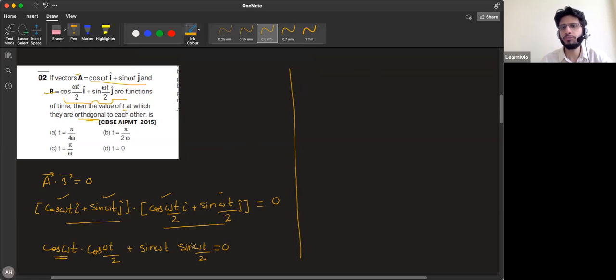So this is cos A cos B plus sin A sin B. So you can write this as cos of A minus B is equal to 0. Now you can further write this as cos of omega t minus omega t by 2 is equal to 0.